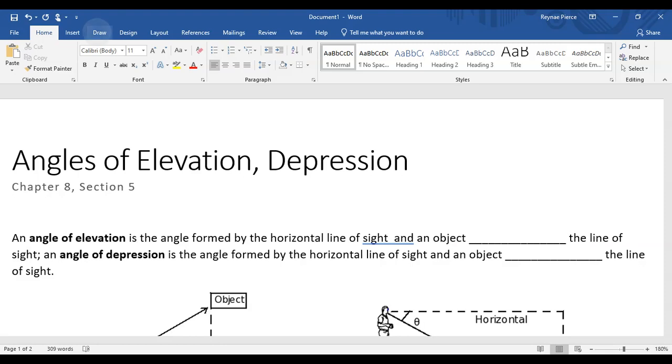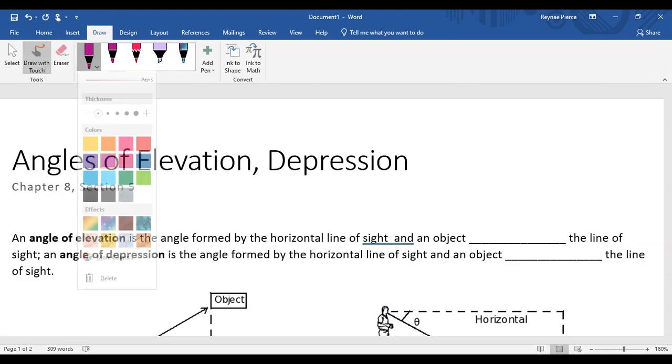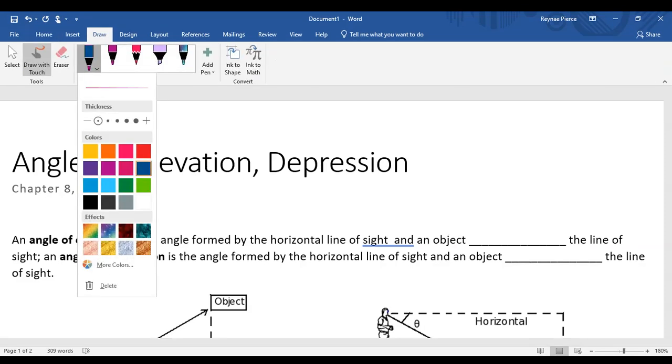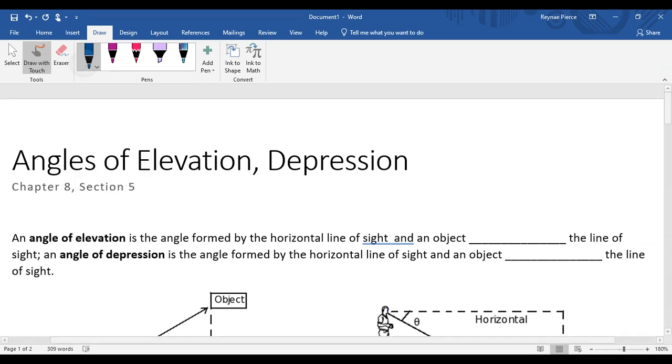Thing to keep in mind with this is that elevation or depression, the angle is always formed by the horizontal line of sight. Elevation is going to be objects above the horizontal line of sight.